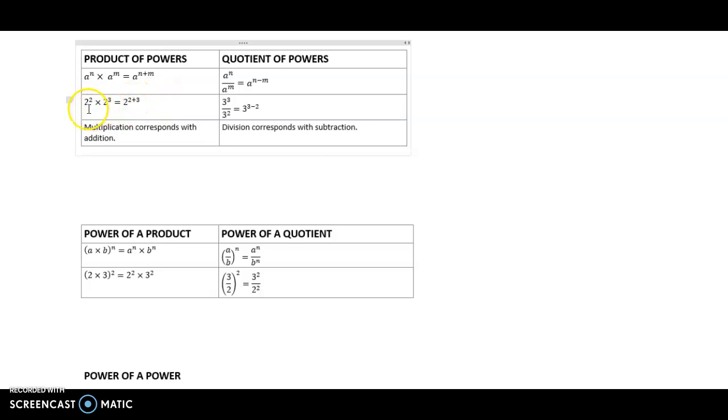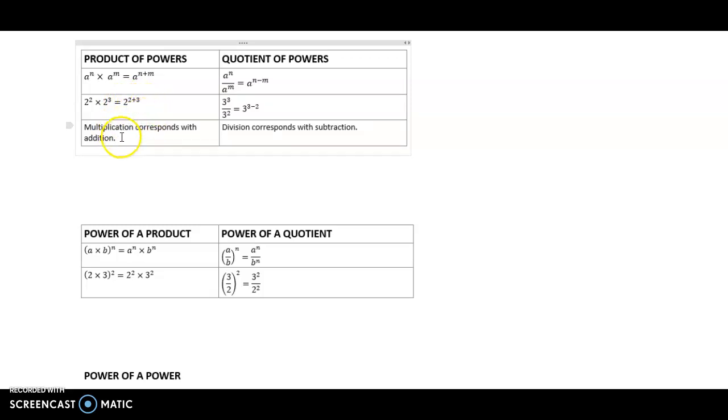Ngakwenzela futhi example lana 2 to the power of 2 times u-2 to the power of 3. Because u-2 uyi-base and uyafana between the two expressions, ngingakwazi ukuthi ngimbeke u-2 oyedwa, and then for ama-exponents I just add ama-exponents.